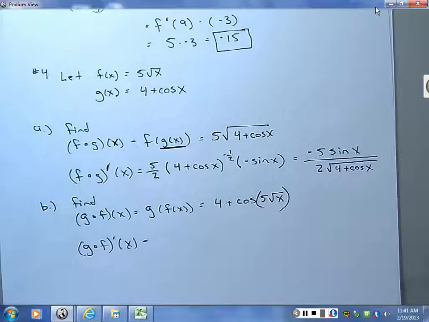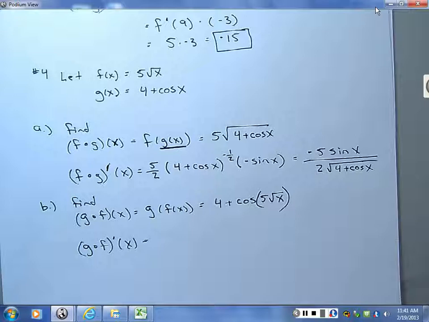Something to the 1/2. On chain rules, you always start on the outside, the furthest outside you can get, and you take the derivative of that, leave everything on the inside alone, evaluate it on the inside. And then you work your way inward slowly until the derivative is 1.